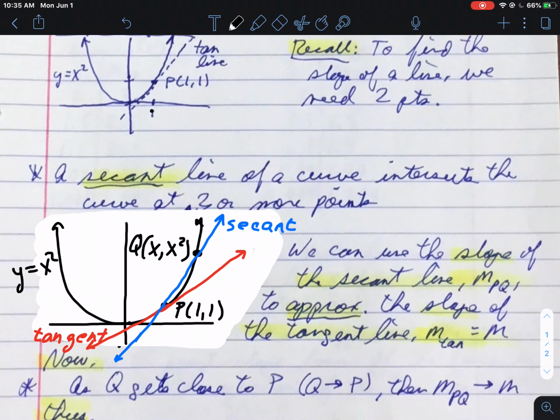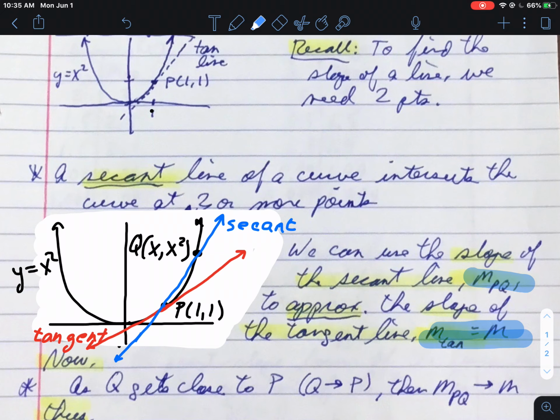Now, we can use the slope of the secant line, call that m sub PQ, the slope of the secant line passing through the points P and Q, to approximate the slope of the tangent line, which we're going to call m. All right, so we'll say that m sub PQ should be approximately equal to m. Now, you look at the two lines. I have these drawn to where points P and Q are not very close to each other.